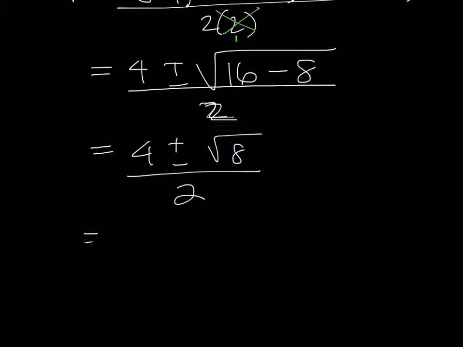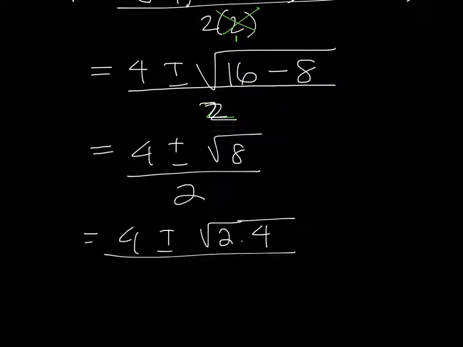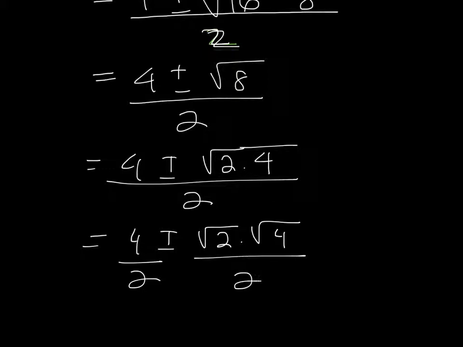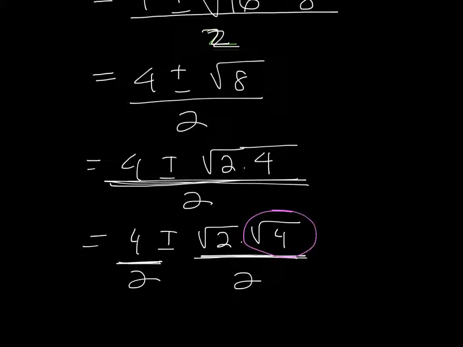So we can say the square root of 8 is the square root of 2 times 4, and we can break this up: the square root of 2 times the square root of 4. If you want, I can write all this over 2. It's the same thing as breaking it up. This is great because the square root of 4 is 2.